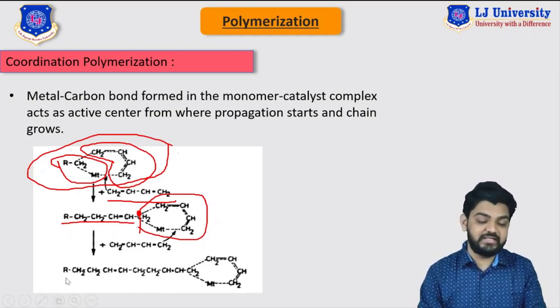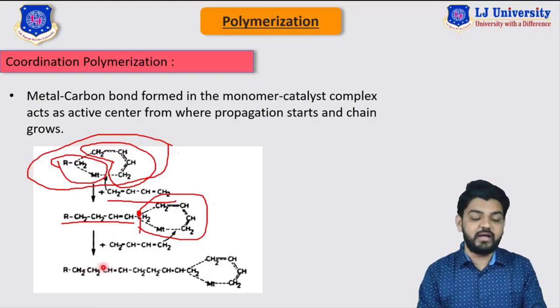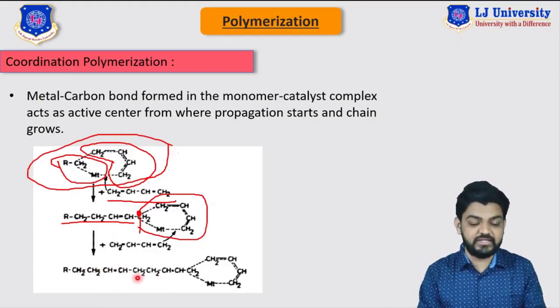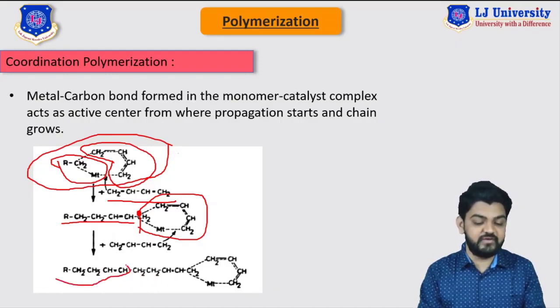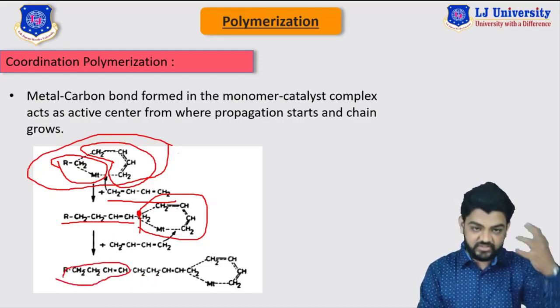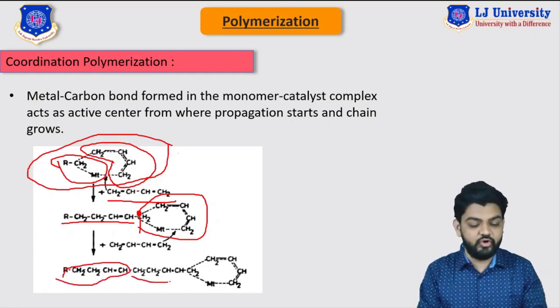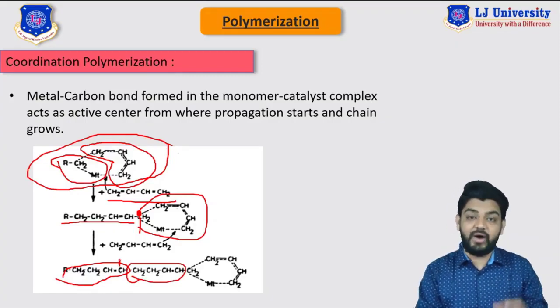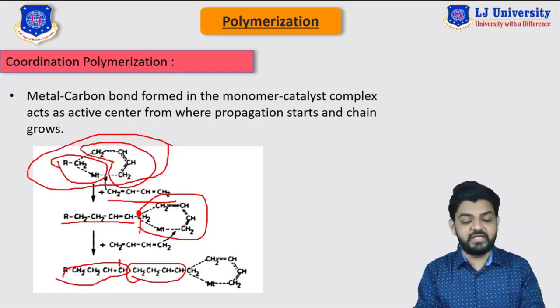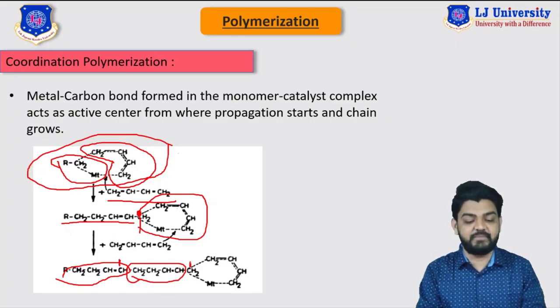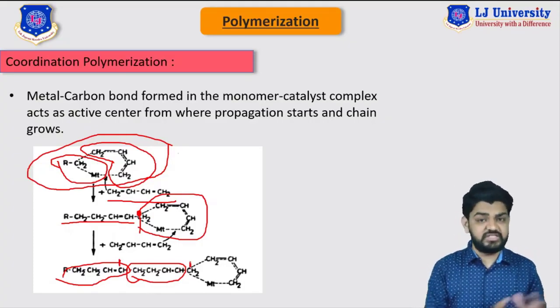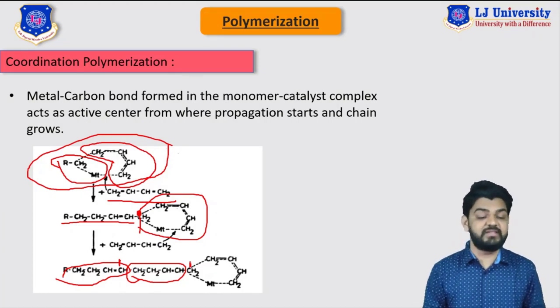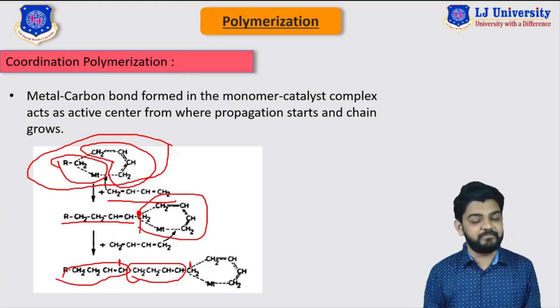Let me just take a pen one more time. This R we were already having right from the previous step, and now this new monomer is added, and we can see that this ring structure was initially here, but after this propagation step it is shifted to the last carbon of the long chain. So this is what we mean by the propagation step in the coordination polymerization.